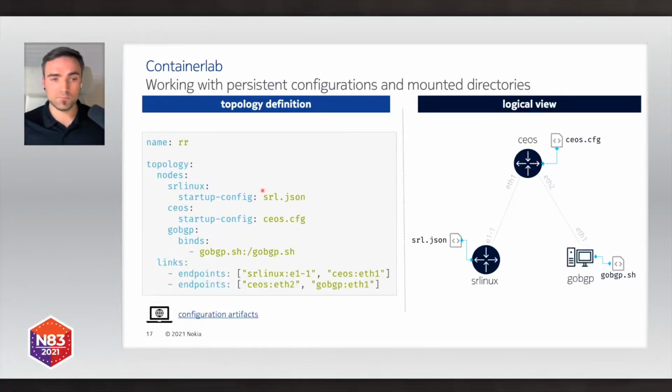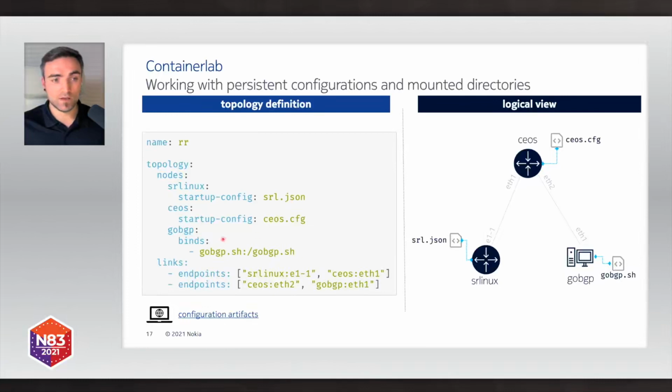Now, you can guess that the way it works is that you create your use case manually. You can type those commands as I just did for the demo, and then you can save those files in some location, and you can refer to them next time you start up your lab. And then the nodes will come up already online with the config that is provided in those files.